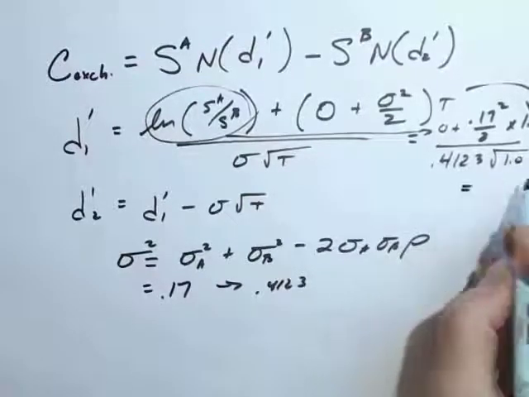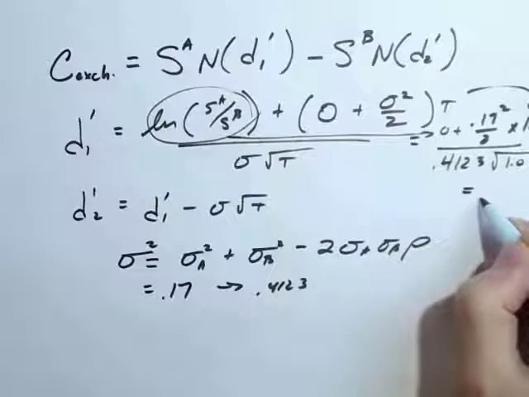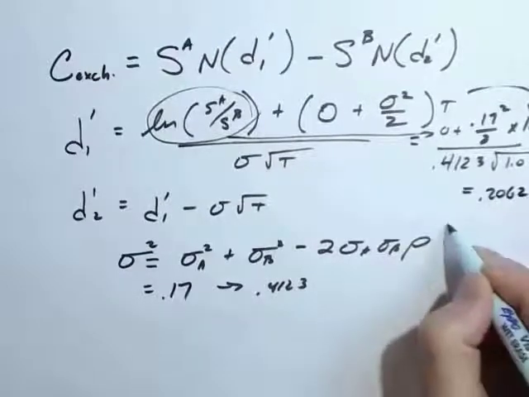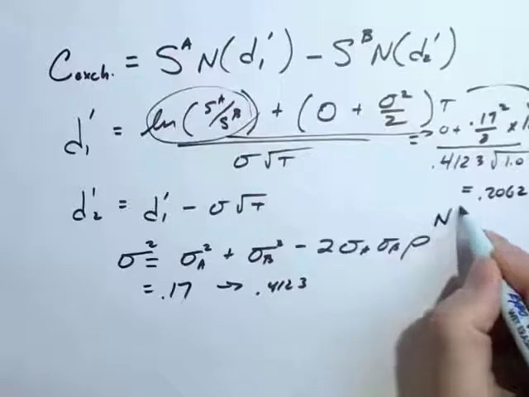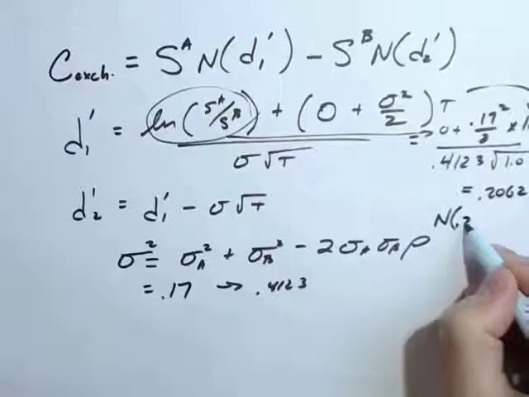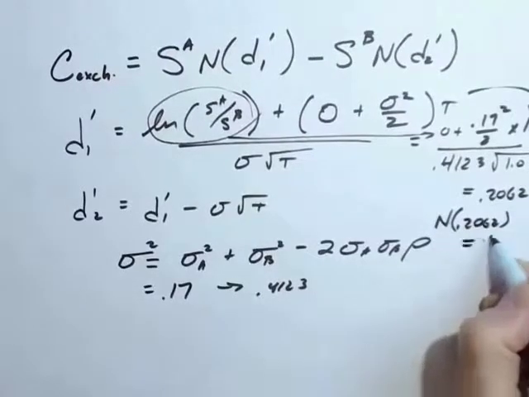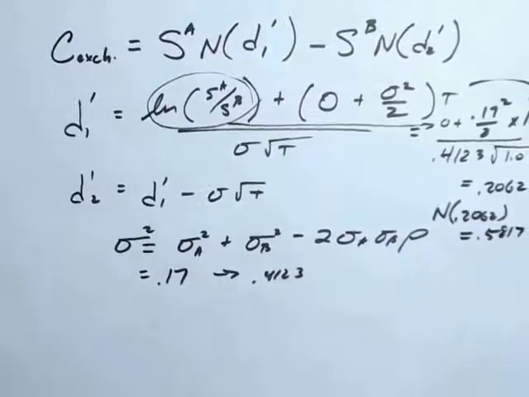This turns out to be 0.2062, and the normal cumulative for this 0.2062 is 0.5817, indicating very roughly that that's the probability of the option finishing in the money.